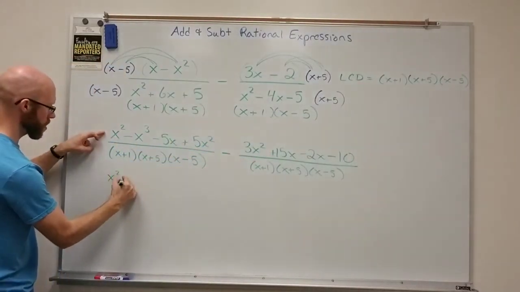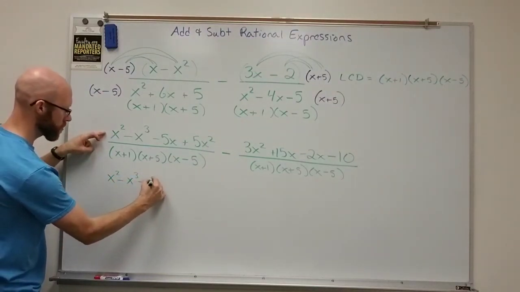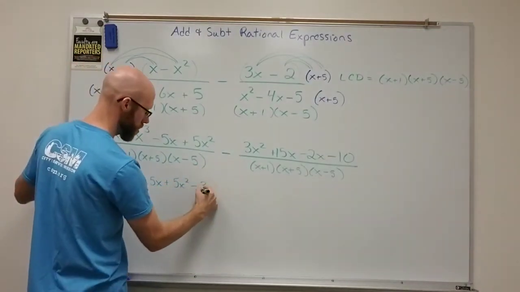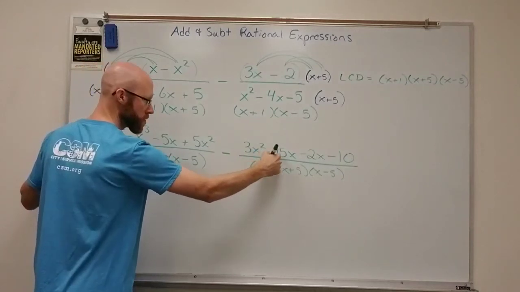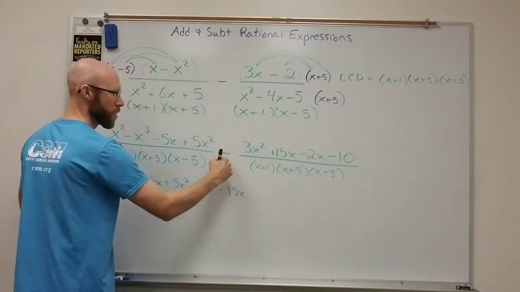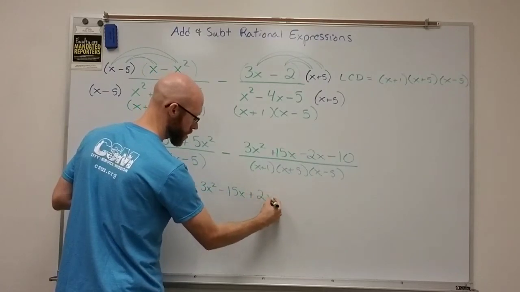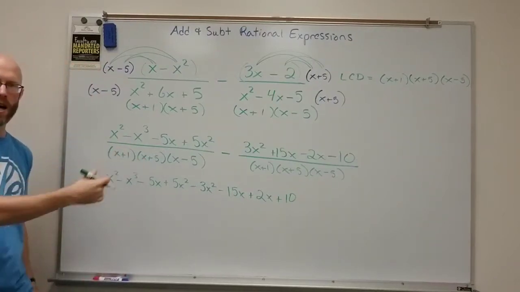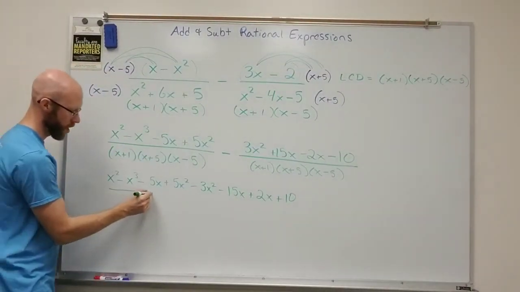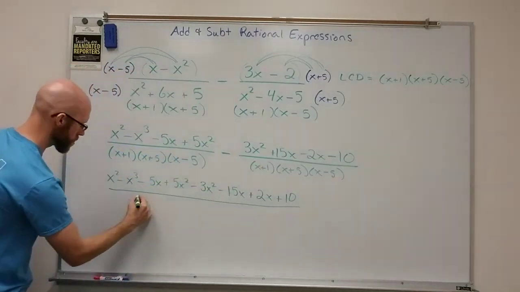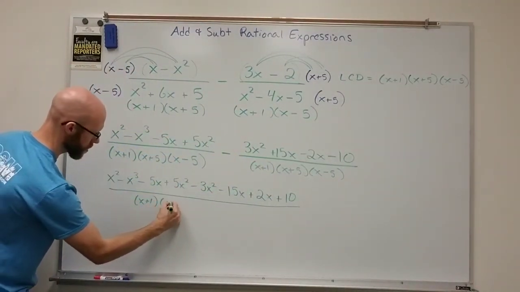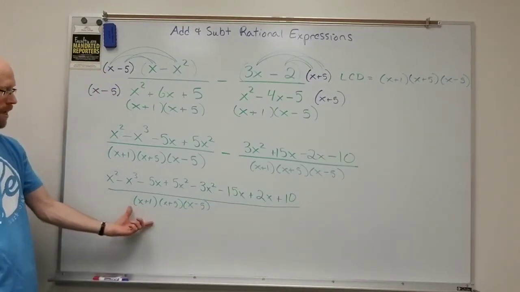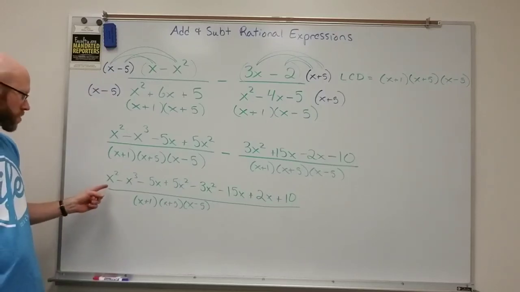So I get x squared minus x cubed minus 5x plus 5x squared minus 3x squared, then minus 15x, then a double negative makes a plus 2x, and then here a double negative makes a plus 10. So again, changing all the signs on the right. And dividing by the LCD, x plus 1, x plus 5, x minus 5, it's all on the same denominator. And now I combine my like terms.